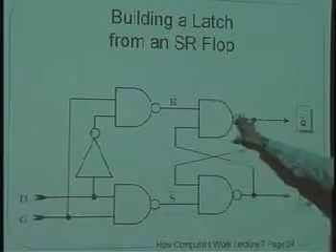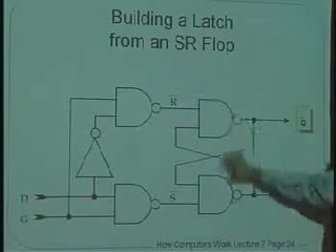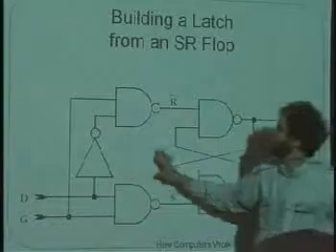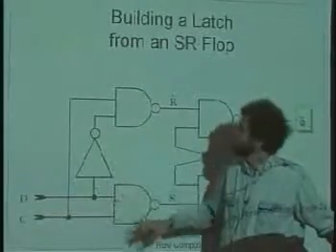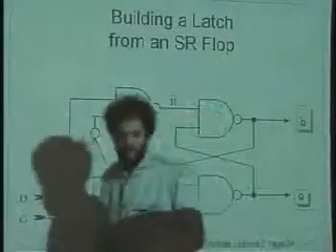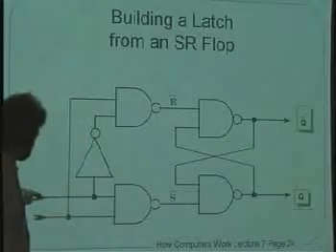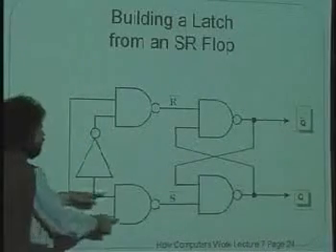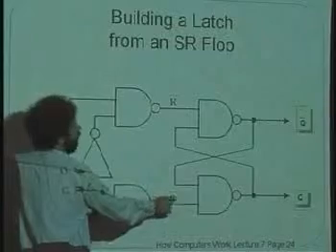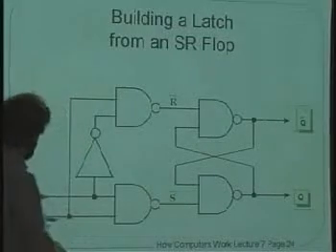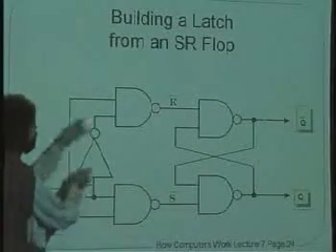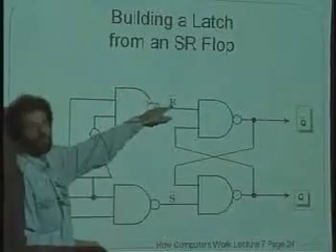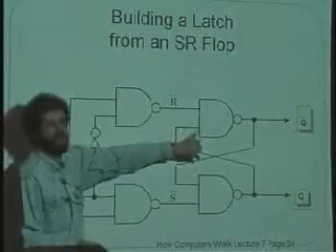This is a way of changing an SR flip-flop, which has a circuit that looks like this, into a D latch by putting some AND gates and an inverter on the input. Nice way to think about this. If D is high and G is high, then the output here will be low, which is set bar, so we're going to set this thing. And if D is low and G is high, then this output here will be low, so we'll reset the thing. So here's the teeter-totter, right?